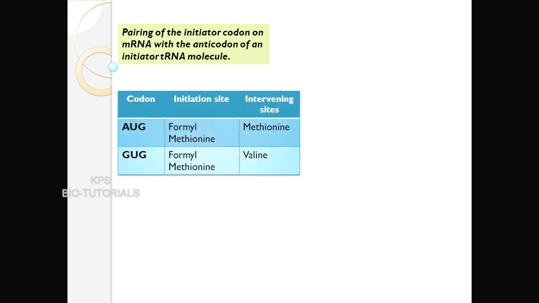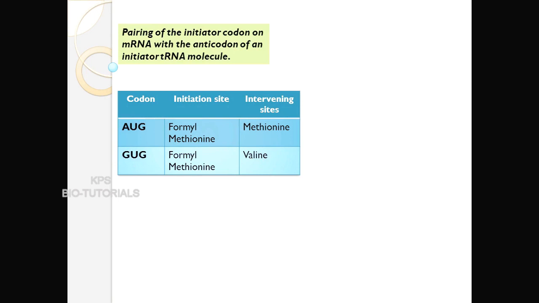The anticodon in the tRNA-F molecule will read the codon in the mRNA. The starting codon is mostly AUG, and in some cases it is GUG.